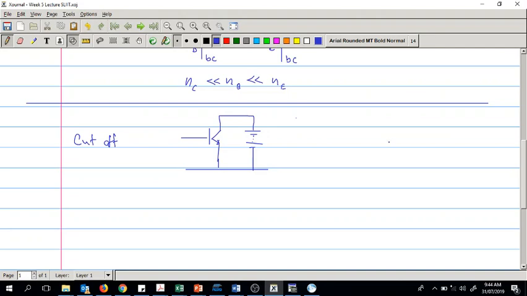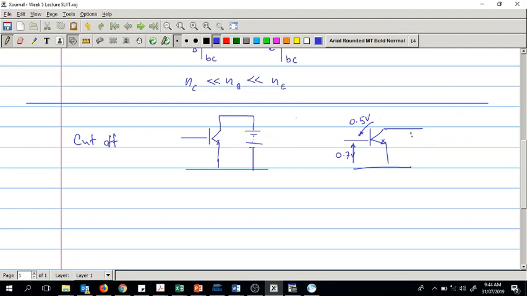What about saturation? In saturation, we want a positive voltage to be forward biasing voltage in both. Let's assume that you have around 0.7 volts here and around 0.5 volts here, forward biasing but not forward conduction.